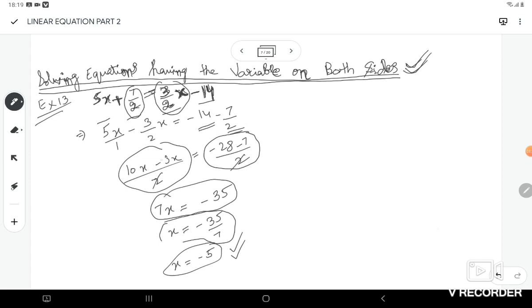On taking the LCM, we get (10x minus 3x)/2 equal to (minus 28 minus 7)/2. Now on solving this, we get 7x is equal to minus 35 and x is equal to minus 5.